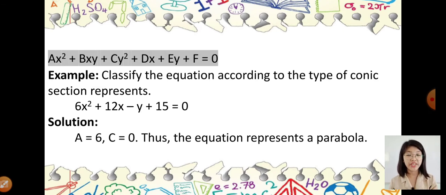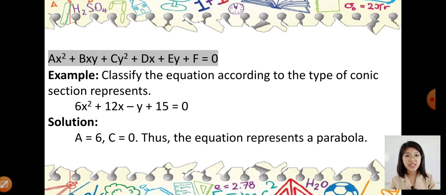Tama? Kasi ang kasama ni x squared is 6. And c is equal to 0. Bakit? Bakit siya 0? May nakikita ba kayong may kasamang y squared sa given equation? So, wala. Kaya, c is equal to 0.